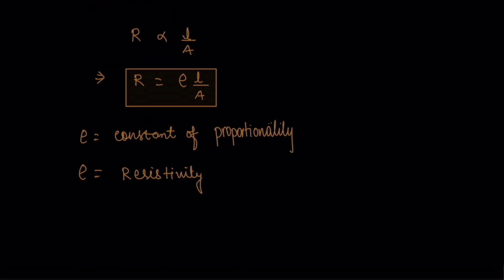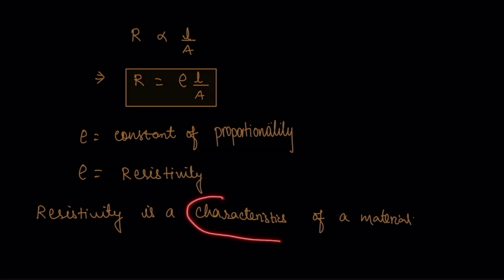Resistivity is a characteristic of a material. What is the meaning of a characteristic of a material? It means that resistivity only depends upon the nature of the material and the temperature of the material. It doesn't depend upon the length and area of the same material.